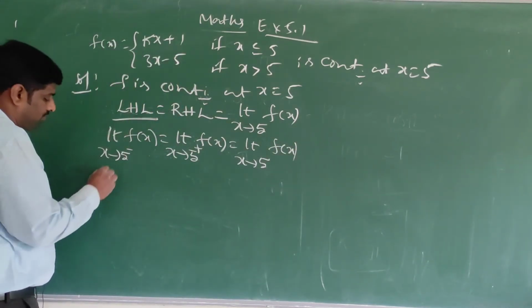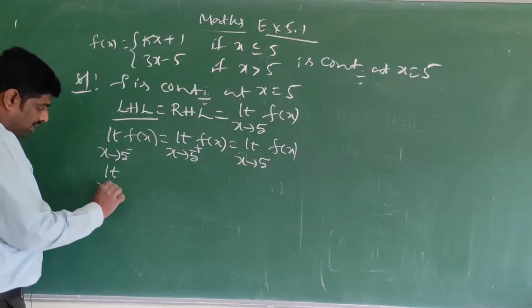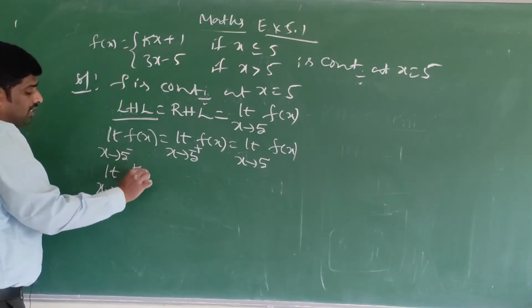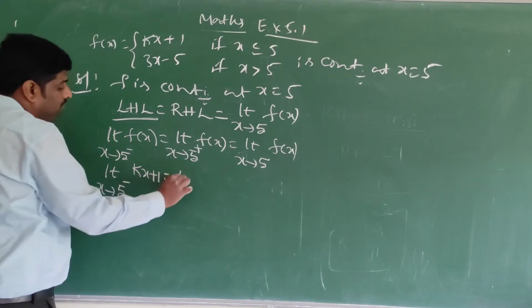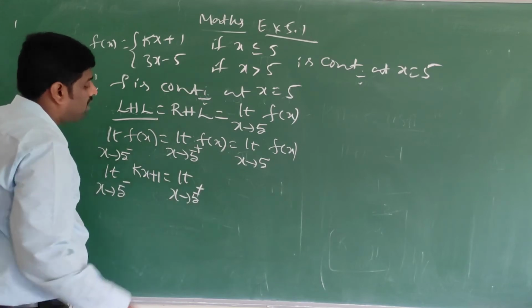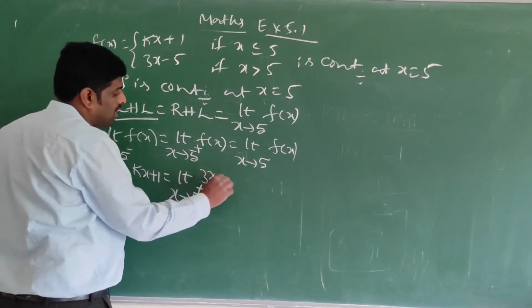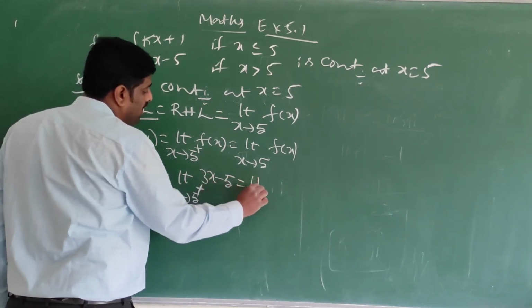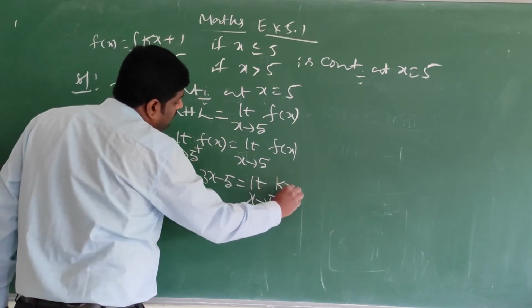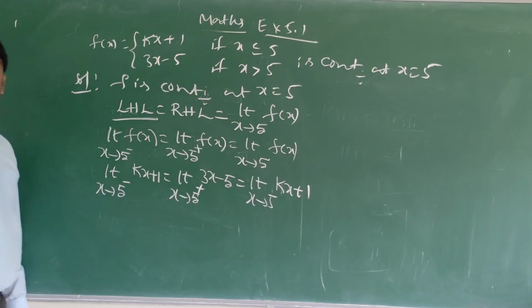Substitute the values. Limit x tends to 5 minus, what is f of x? kx plus 1. Limit x tends to 5 plus, what is f of x? 3x minus 5. Limit x tends to 5 kx plus 1.